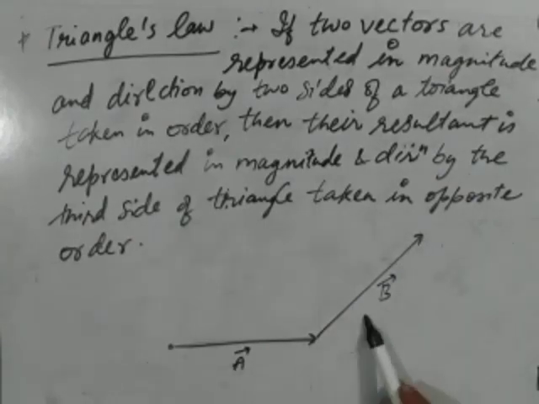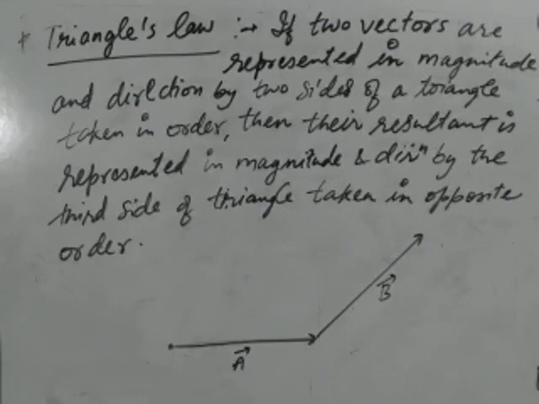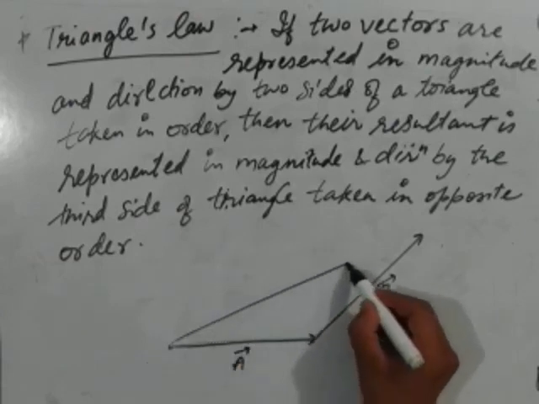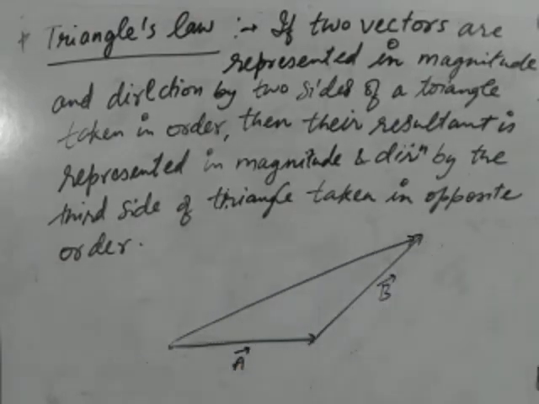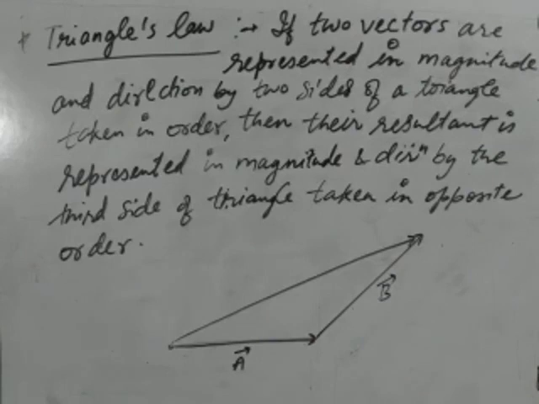So if these two vectors represent two sides of a triangle taken in order, then their addition, that means their resultant, is represented by the third side. This is the third side, the closing side of the triangle, in opposite order.